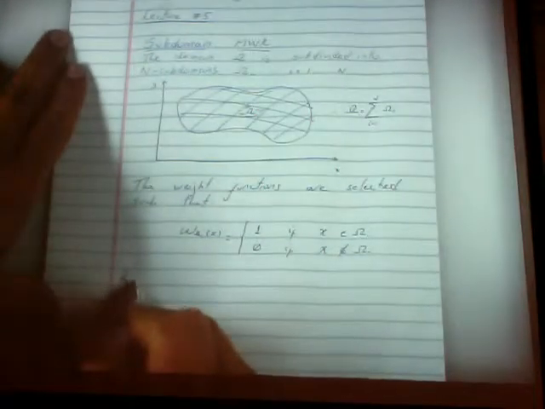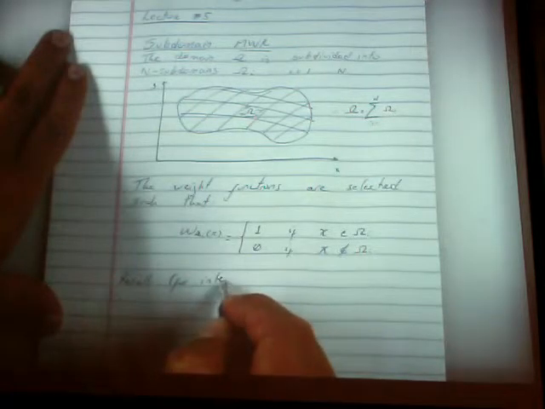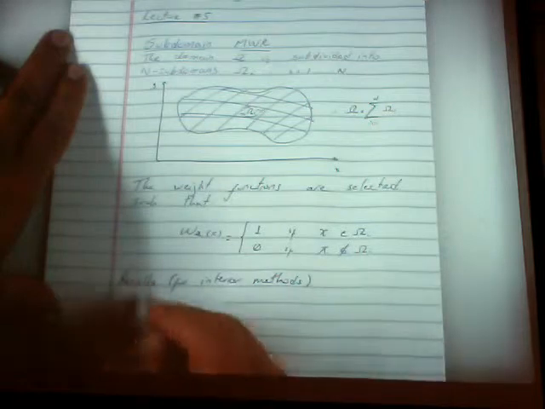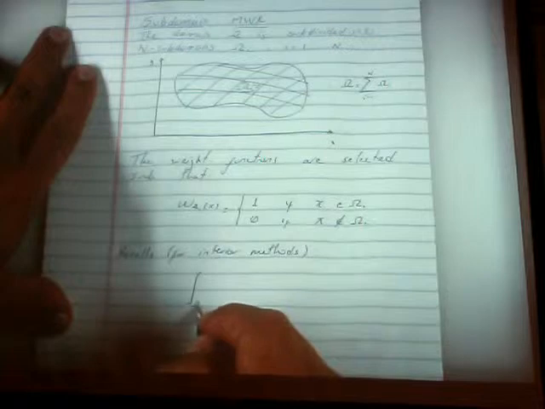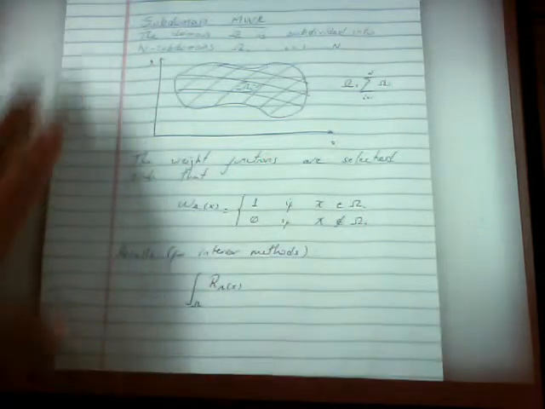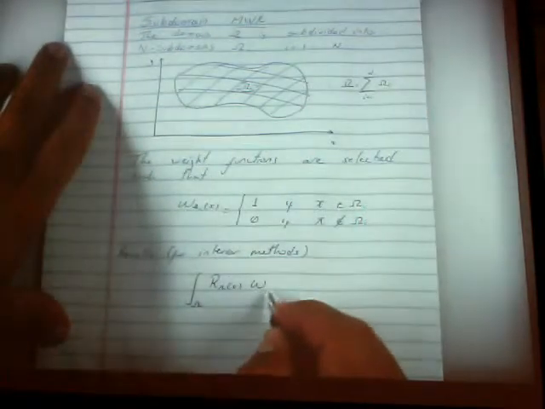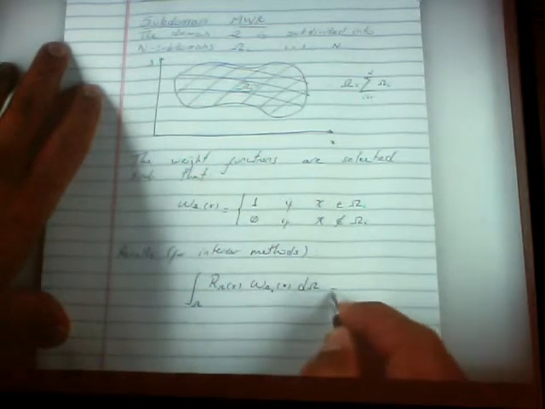So essentially, we're looking at this. Remember that for interior methods, which are basically the ones that we're concentrating on, we had the integral over the domain of the residual, the approximation of the governing equation, times the weight functions is equal to 0.